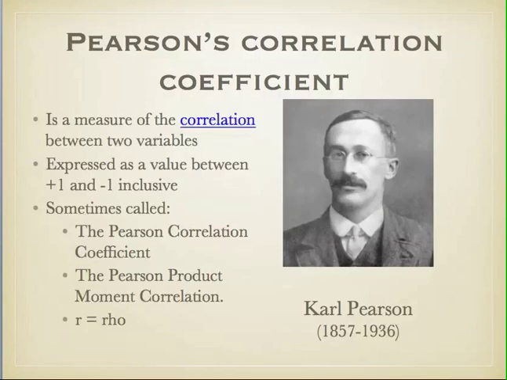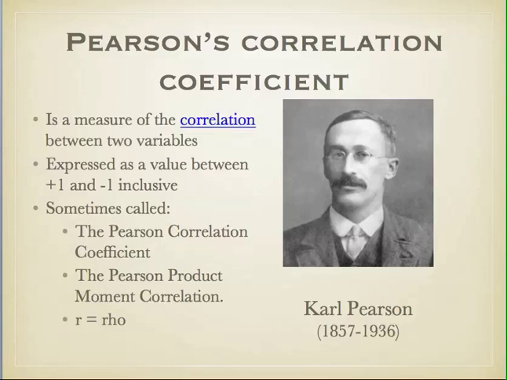The gentleman behind the development of correlation is a mathematician named Karl Pearson, and that's one of the names by which you will see this particular kind of correlation expressed. It can be called the Pearson correlation coefficient or the Pearson product moment correlation. A lot of different technical names for it.